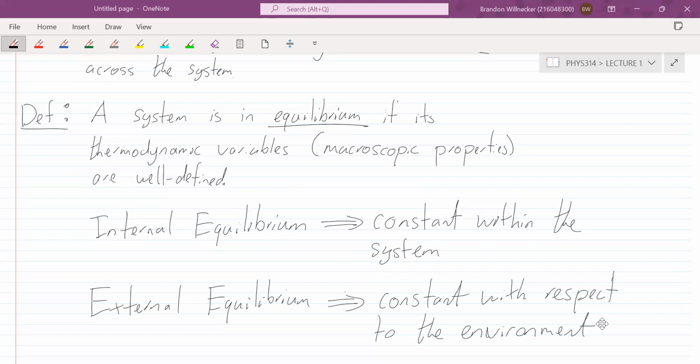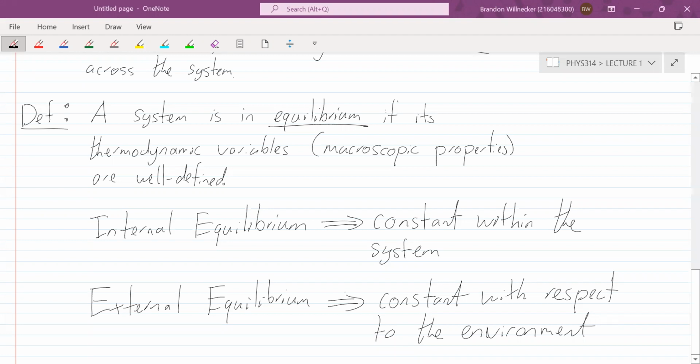That's also equilibrium, because overall it remains constant because just as many are coming in as going out. So please be careful about that. Also, with regards to temperature, if the temperature of the system is the same as the temperature of the environment, then it's in thermal equilibrium.